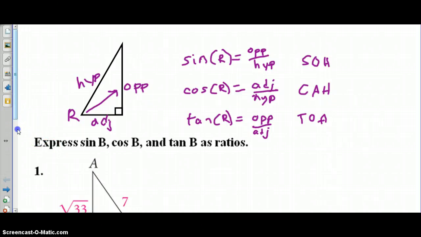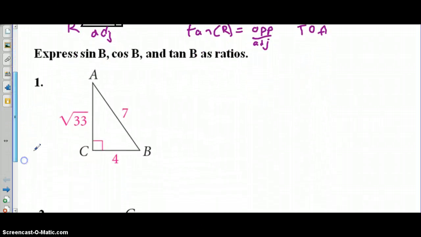So on the review worksheet, the first questions asked you to express the sine of angle B, the cosine of angle B, and the tangent of angle B as ratios. And so we're working with angle B as our reference angle. If I label the sides, here's our right angle. Angle C is the 90-degree angle, and so the side across from that is the hypotenuse. So I'm going to label that as HYP.